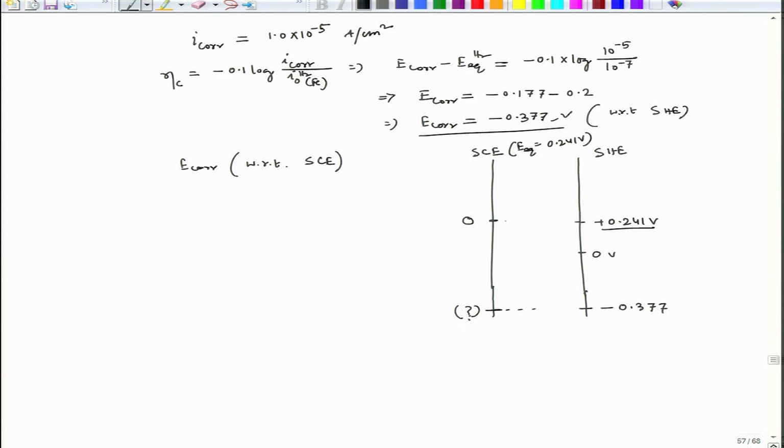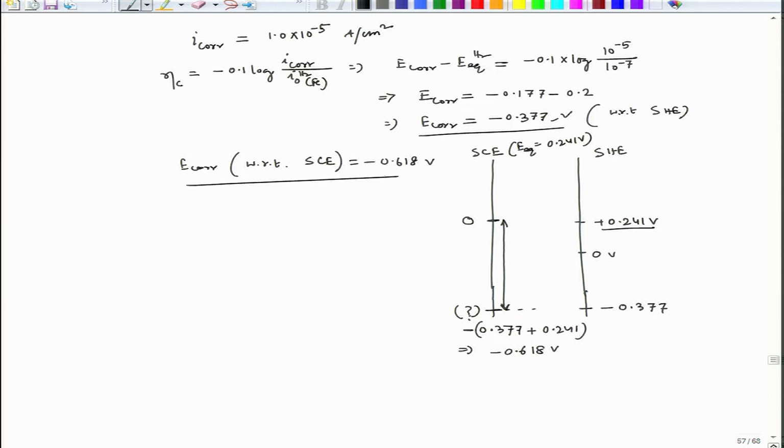So, that means with reference to the saturated calomel electrode, the potential will be this difference, and since this is 0, this potential also will be negative, and this potential would be 0.377 plus 0.241 with a minus sign. So, this becomes minus 0.618 volt.